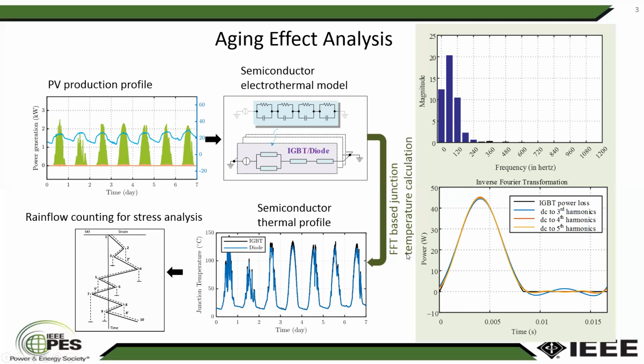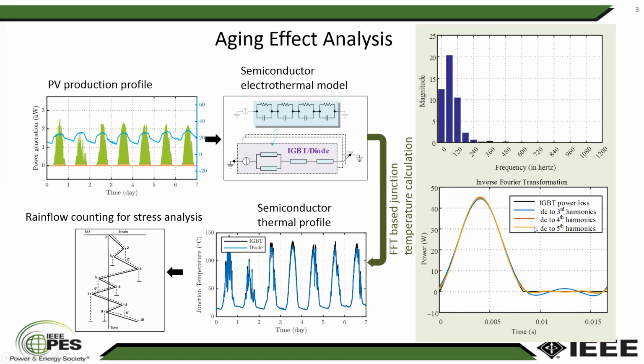In this paper, we use an FFT-based junction temperature calculation method. So we first decompose the PV profile by FFT, and then only select the low frequency harmonics to find the corresponding junction temperature. So this figure shows the power loss recovered from the FFT result.